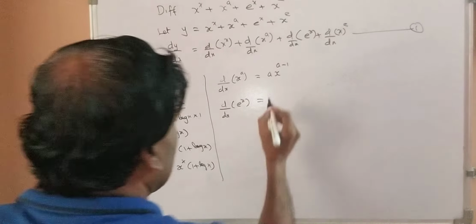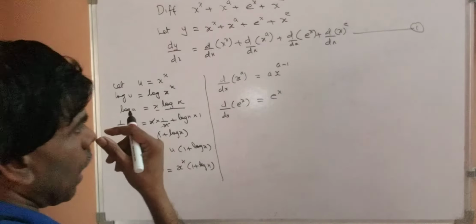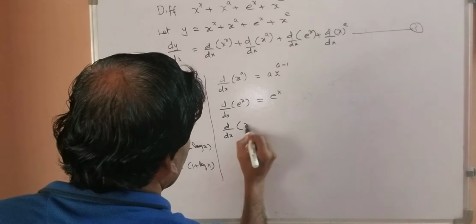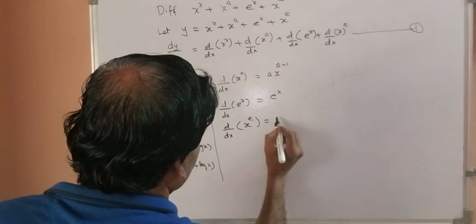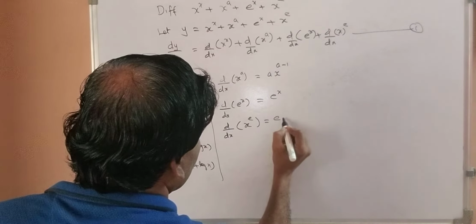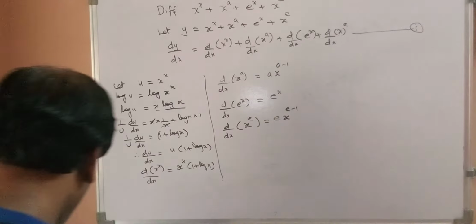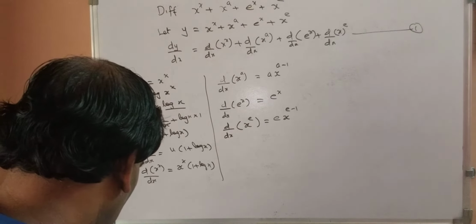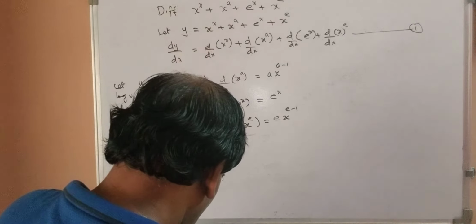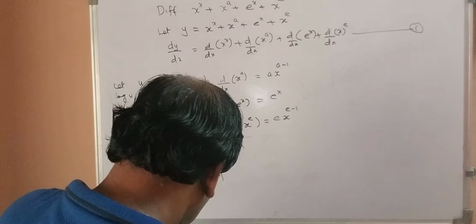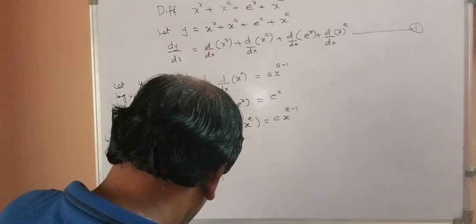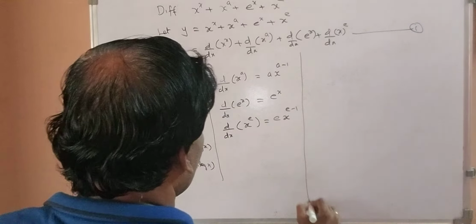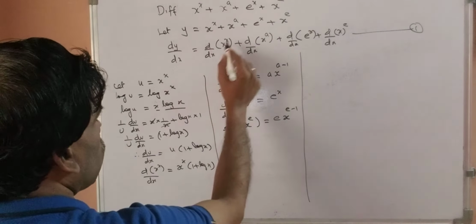It is e to the power x only. Now here, the derivative of x raised to e equals, what is the x raised to n formula? e into x to the power e minus 1. Now look at this very carefully. Now we have got the differentiation of each term.